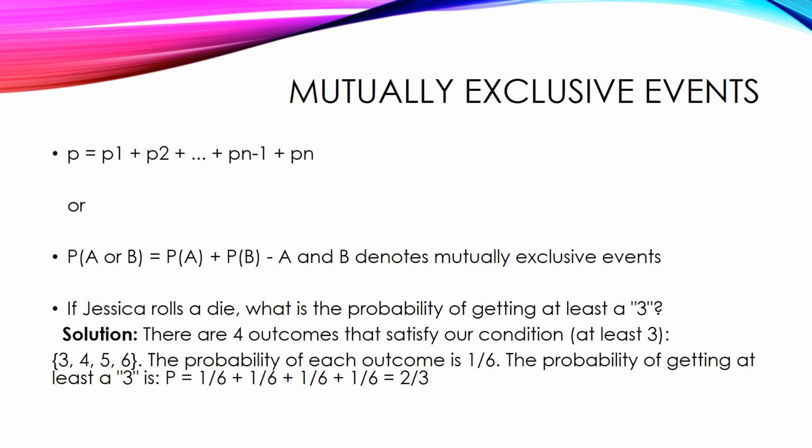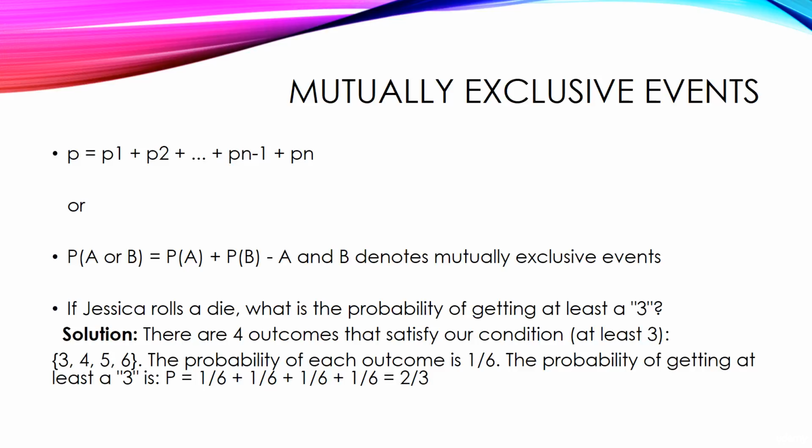Mutually exclusive events. Shakespeare's phrase, to be or not to be, that is the question, is an example of two mutually exclusive events. Two events are mutually exclusive if they cannot occur at the same time. For n mutually exclusive events, the probability is the sum of all probabilities of events.